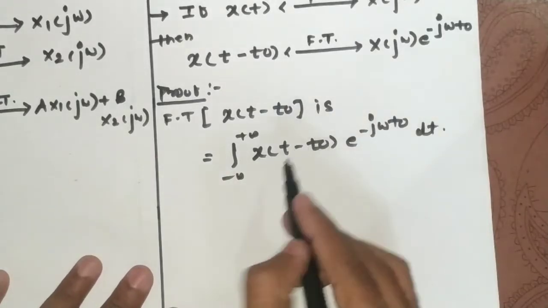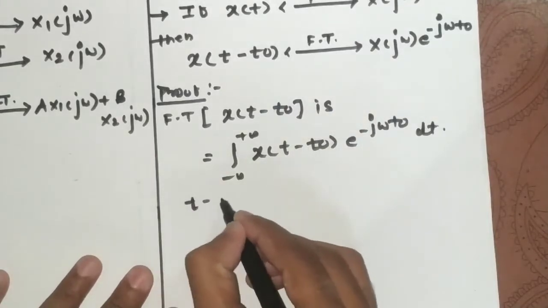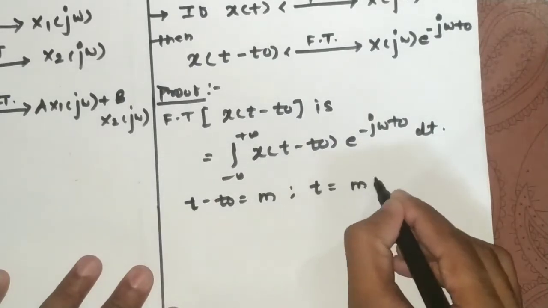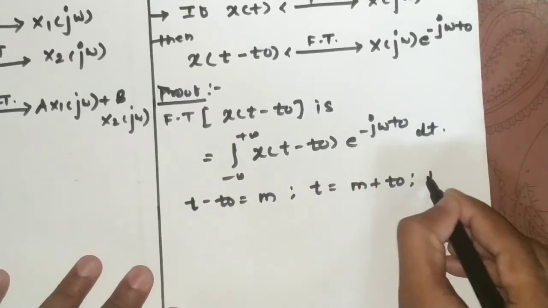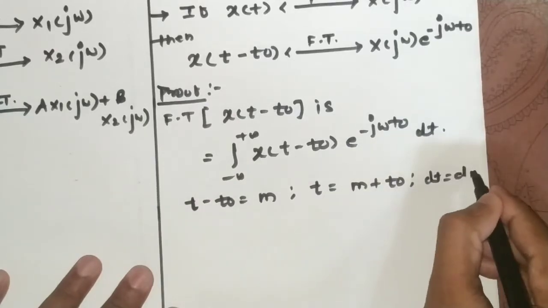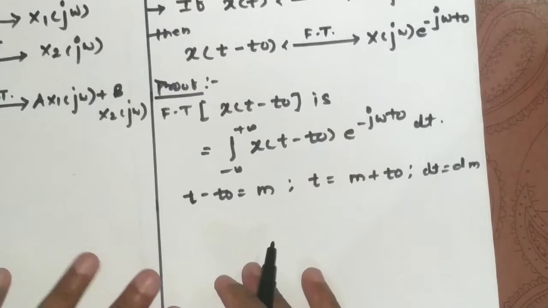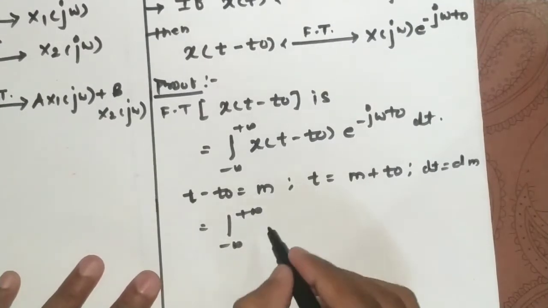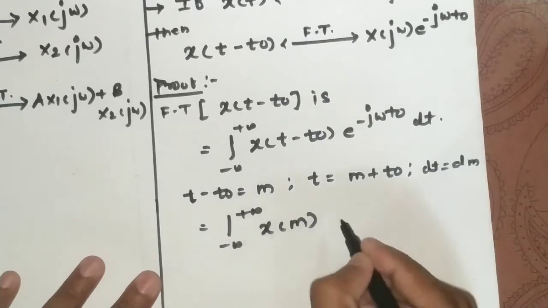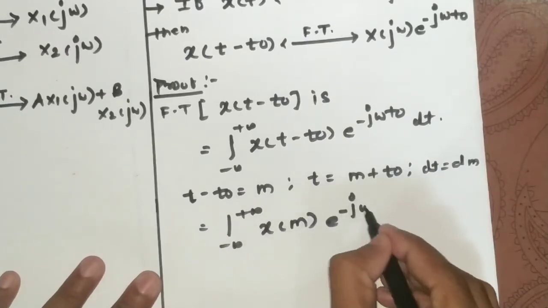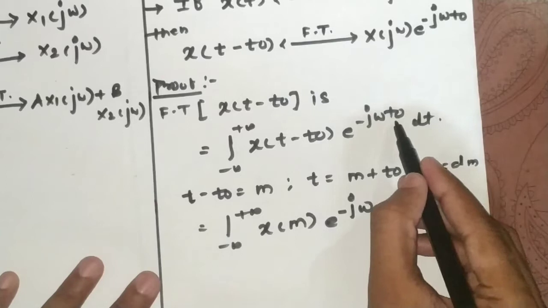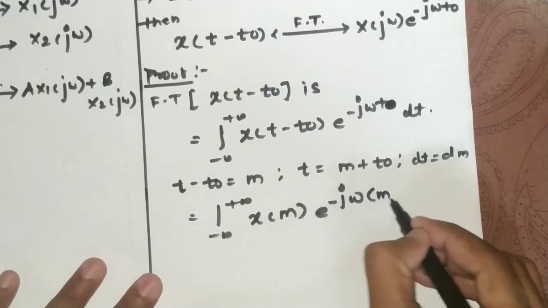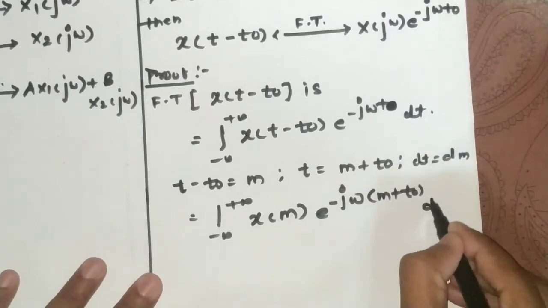We'll substitute this term, let t minus t naught be m, so t becomes m plus t naught, and if I differentiate on both sides, we'll get dt equals dm. So when we put those values, now the integration is with respect to m, this is x of m exponential, instead of t, this becomes now m plus t naught, into dm.